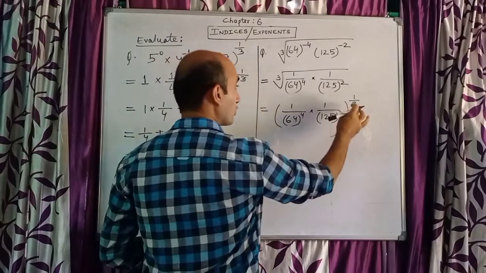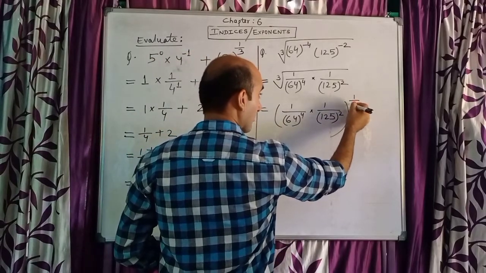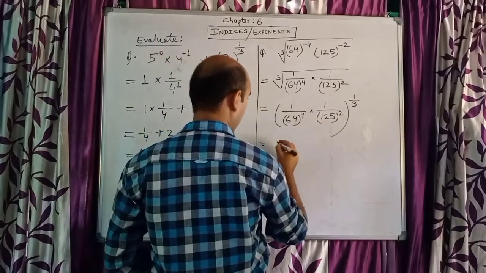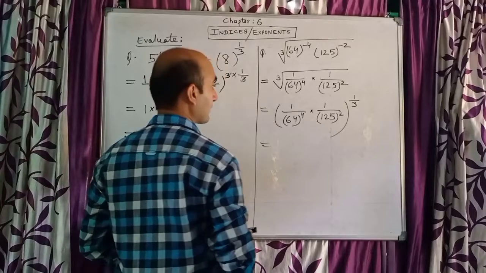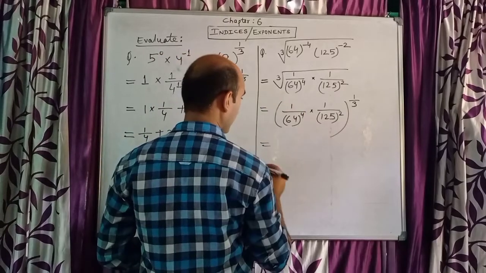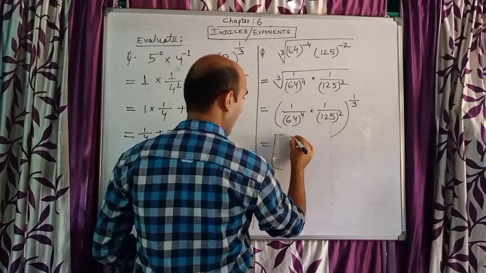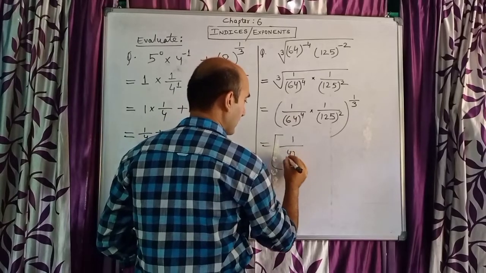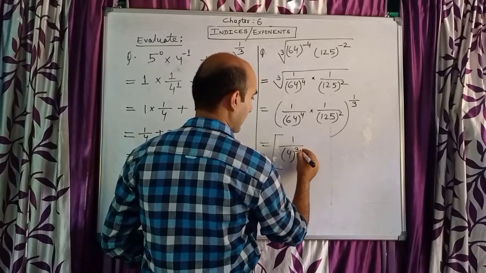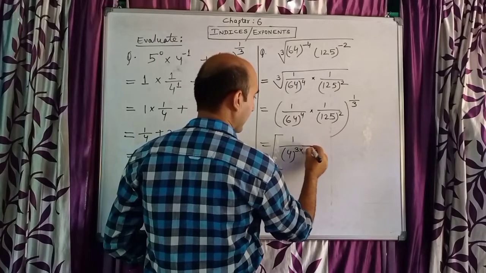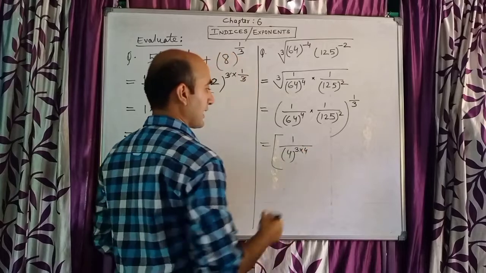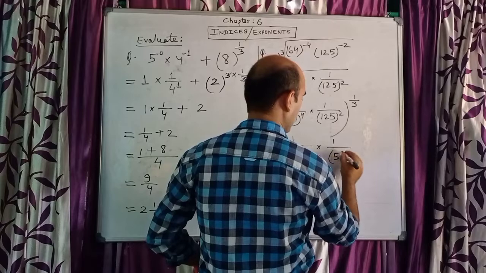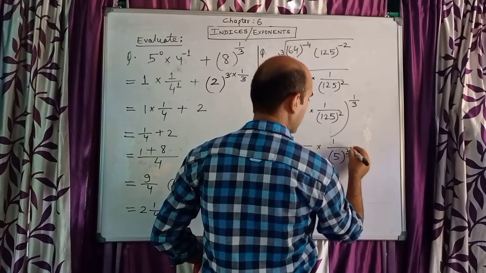So to finish this 1 by 3, you target making it a cube number. So to make it a cube number, I am going to write 4 cube instead of 64, and I have the exterior power as 4, and here I will write 1 by 5 cube and the exterior power is 2.